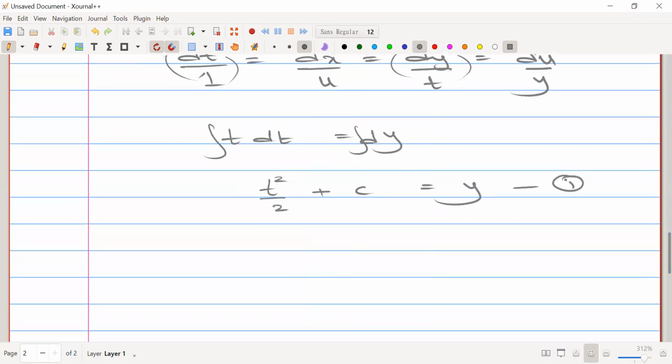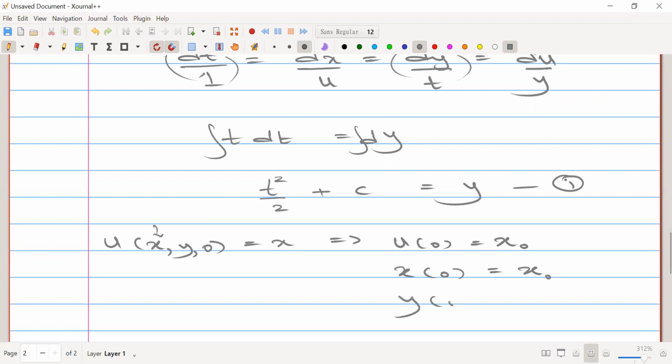Then apply the initial conditions. What the initial condition says is we have u(x, y, 0) equals x, which implies that u(0) equals x naught, so we can say it's x naught initially. Then x(0) is again x naught, because this represents the initial condition for x, and y(0) equals y naught and t(0) equals 0.